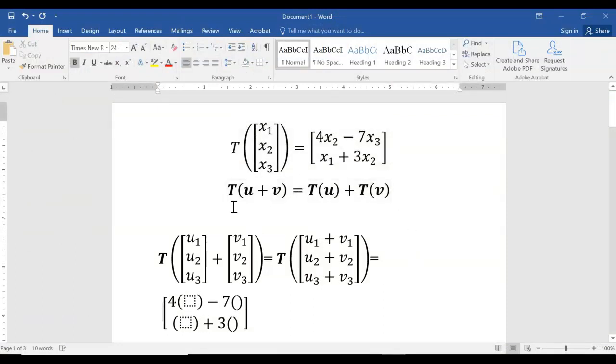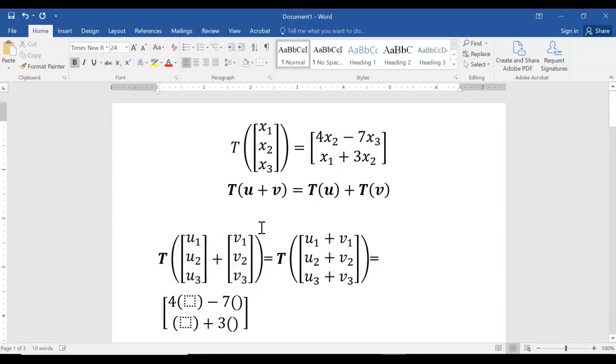So I'm going to start with this first property. We're going to see if this first property holds. We're going to put in an arbitrary u and an arbitrary v. Now, the u and the v have to be from R3. They have to be 3-dimensional, with 3 entries, because we start with a vector with 3 entries and get an output which is a vector with 2 entries. So the arbitrary u, I'm going to call u1, u2, u3. The arbitrary v, I'm going to call v1, v2, v3.